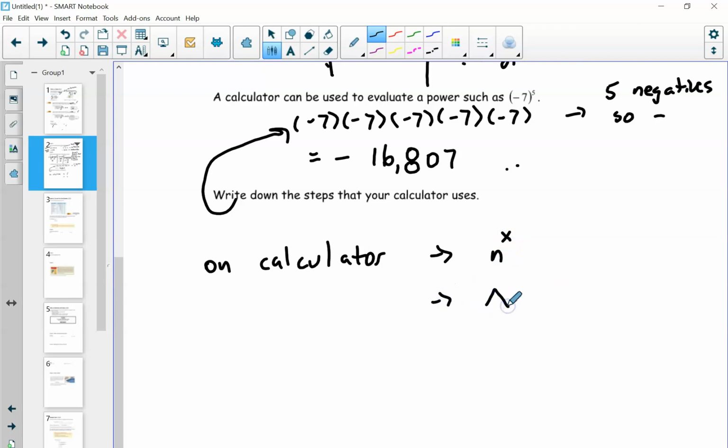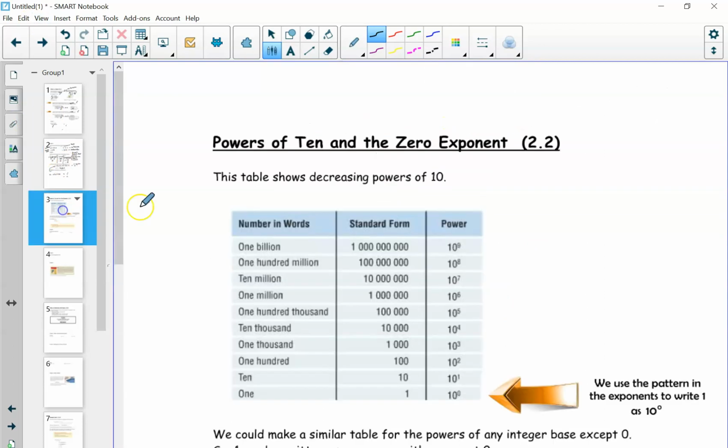Sometimes it uses that sign on your calculator. Like I say, every calculator is going to look different, so I can't really tell you what yours looks like, but those are the two normal ones. Or you can just multiply the number as many times as you need to manually, like I did up here with negative 7 times negative 7 times negative 7 times negative 7.